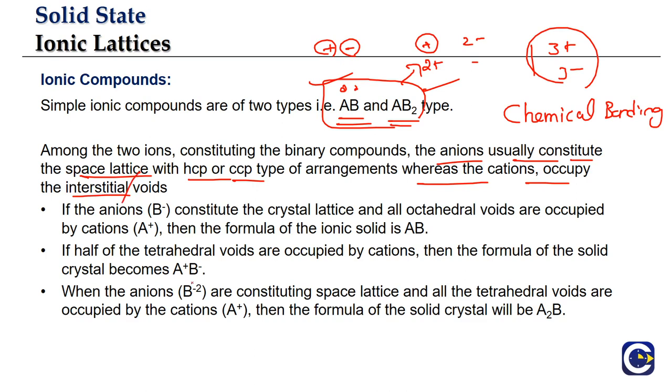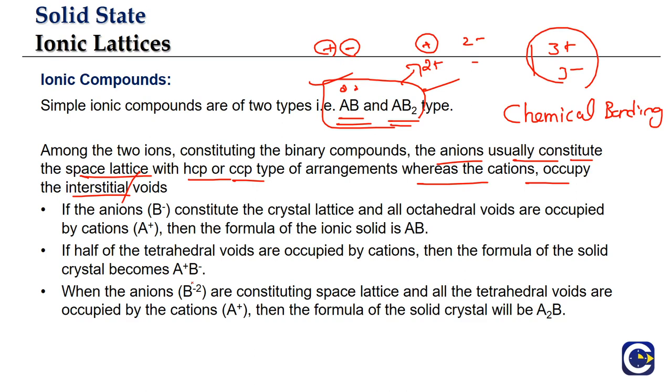So anions will be forming the space lattice, and in between we'll have the voids. Already we discussed the two common types of voids previously. One is a tetrahedral void and the other one is the octahedral void. In this video we look at some of the other types of voids also, but once the anions are forming the lattice, the cations will be going and occupying the voids. So this is how we are going to visualize the ionic lattice formation.